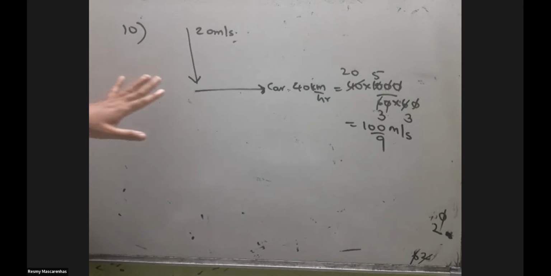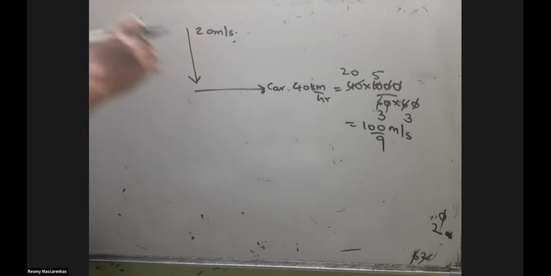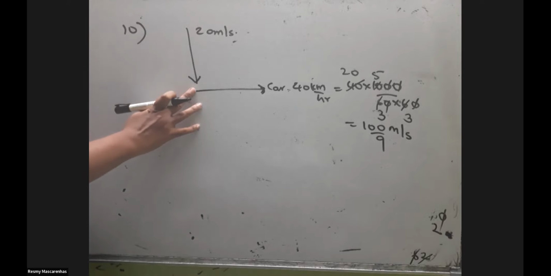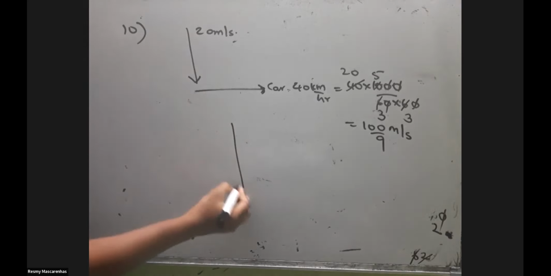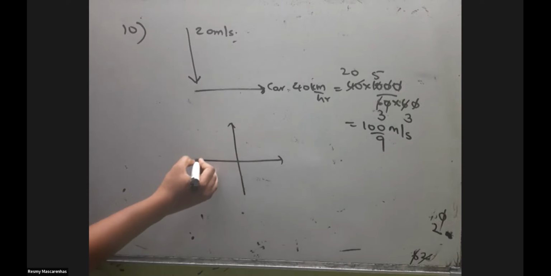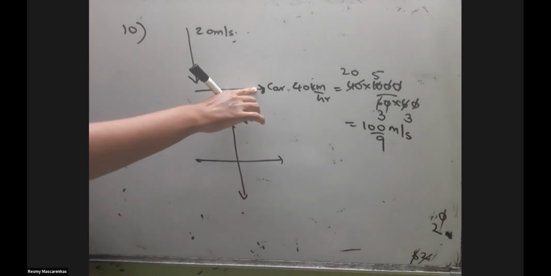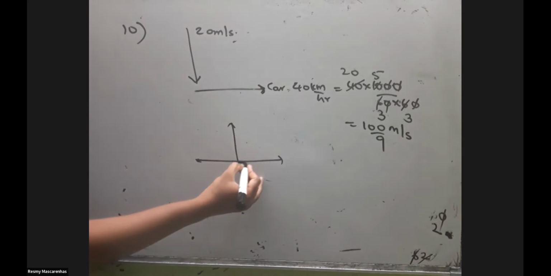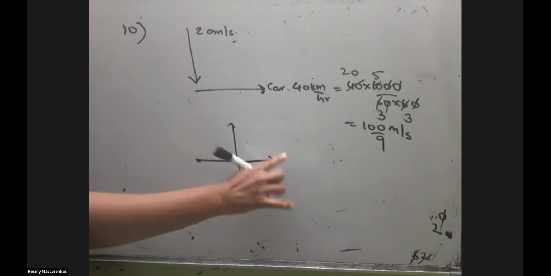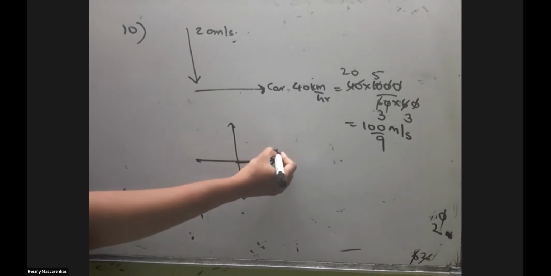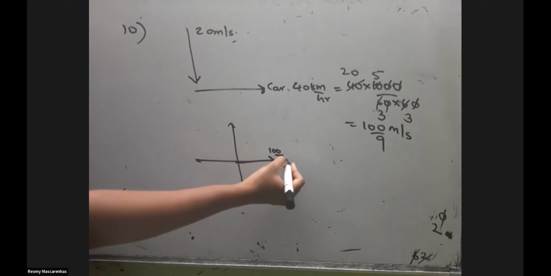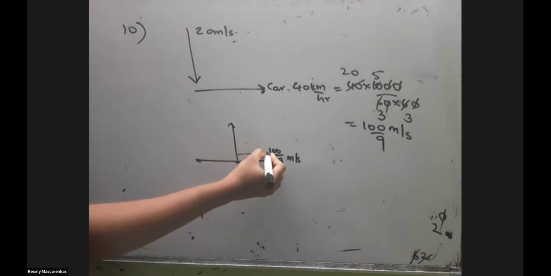So these are the arrows. Now as for the vectors, whenever you want to represent them, we have to represent them on a graph basis. So if this is the car which is moving in the x direction, the car would come here. That is 100 by 9 meters per second, this much distance.